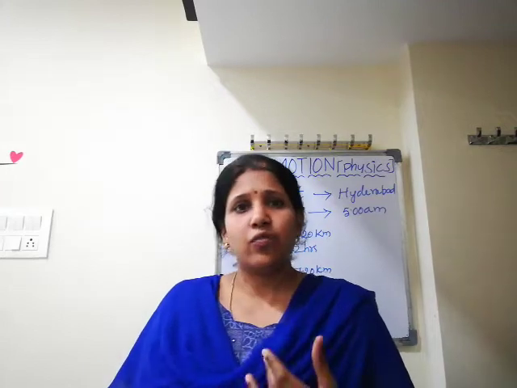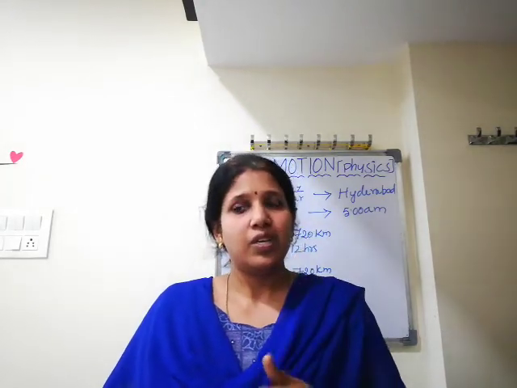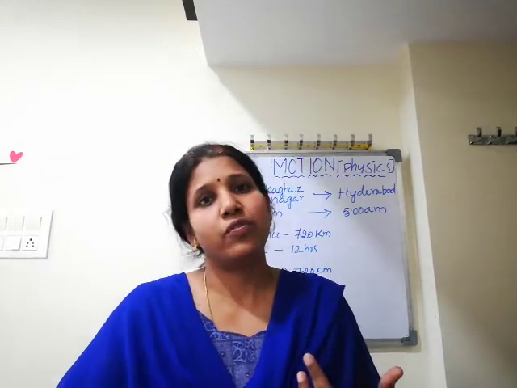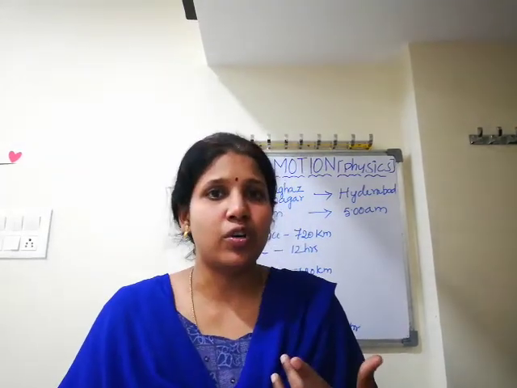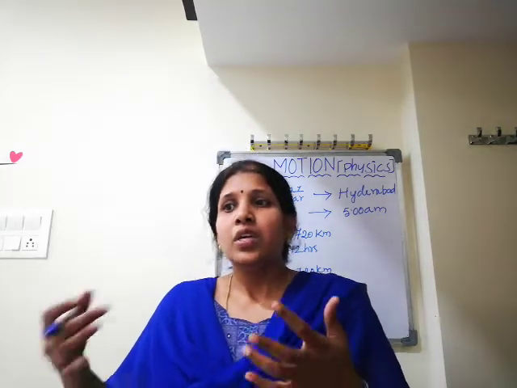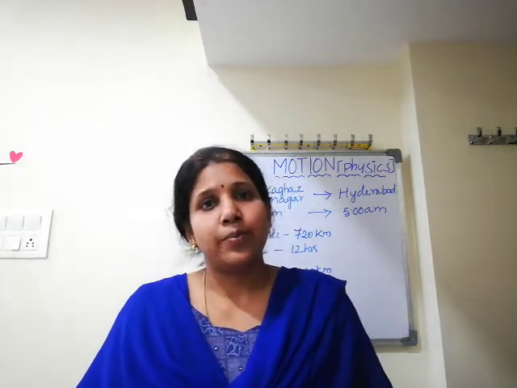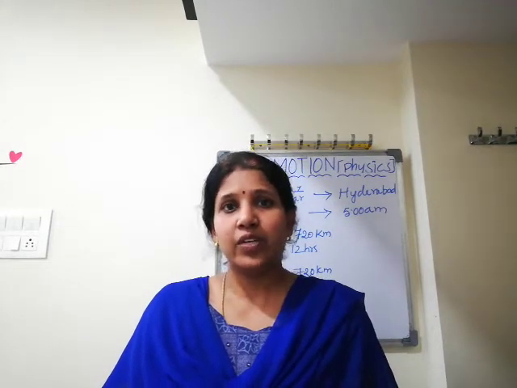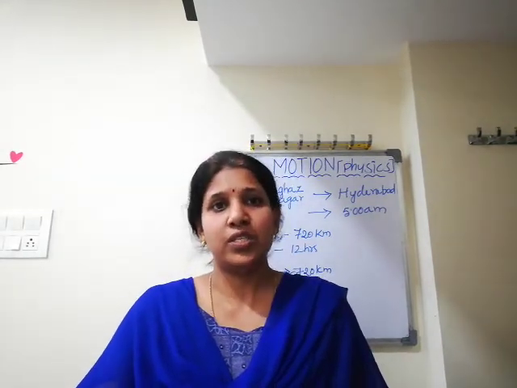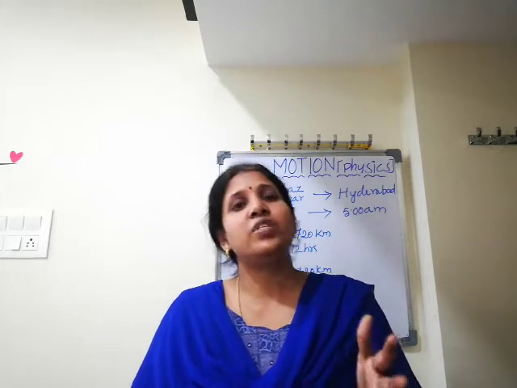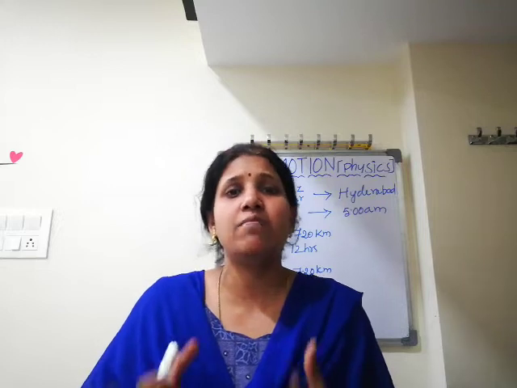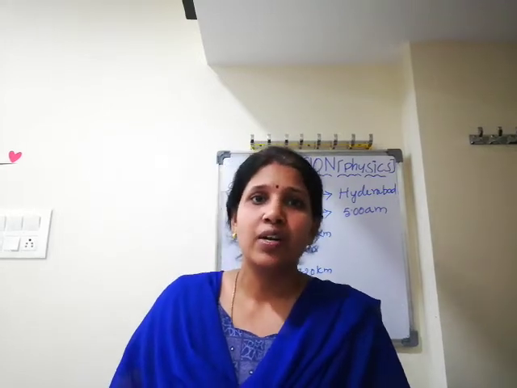For example, while you are walking on the road, initially you will walk fast, afterwards slow, afterwards again somewhat fast. Whenever you walk fast, you cover more distance compared to when you walk slow. Yes or no? Like that, any object in motion cannot cover the same distance in the same interval of time.